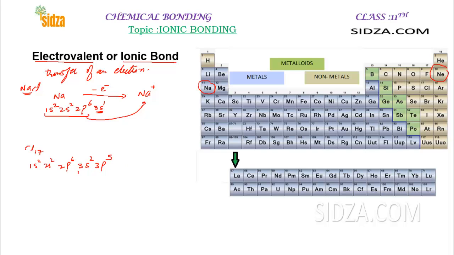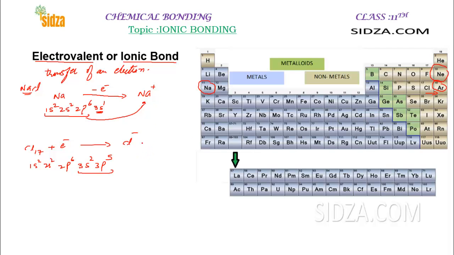So in the valence shell, chlorine has 3p5, and the nearest noble gas to chlorine is argon, which has a 3p6 electronic configuration. That means chlorine needs 1 more electron and it will form Cl negative, and the Cl negative will have the electronic configuration of 1s2, 2s2, 2p6, 3s2, 3p6. So that is the electronic configuration of argon.